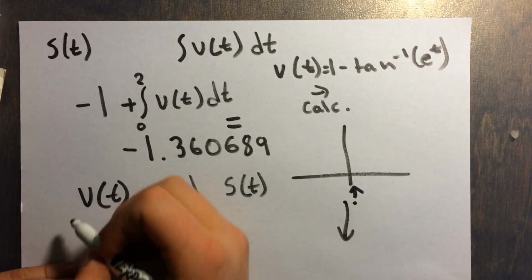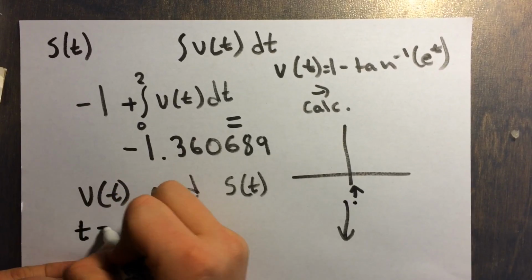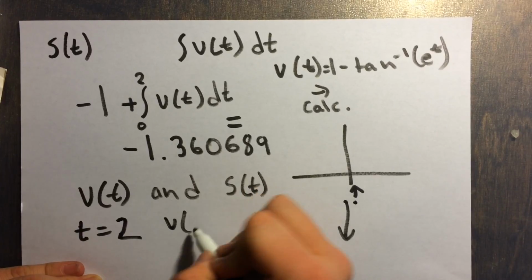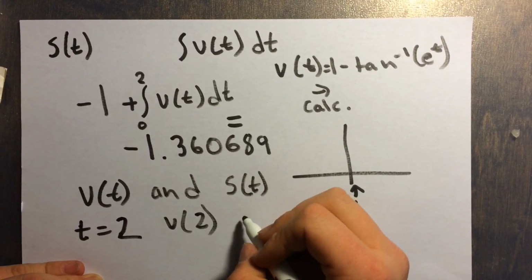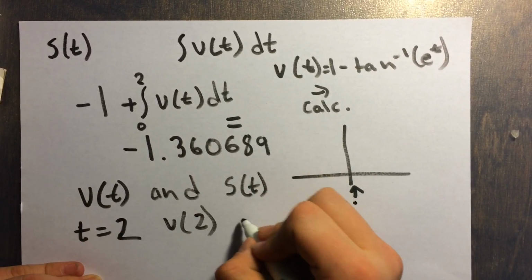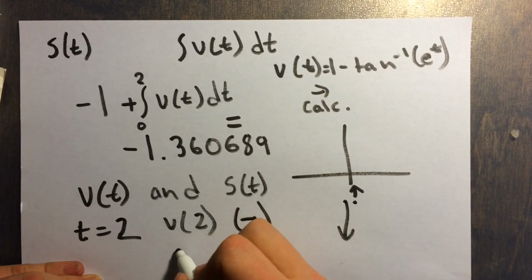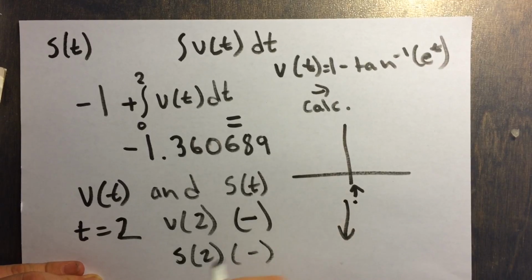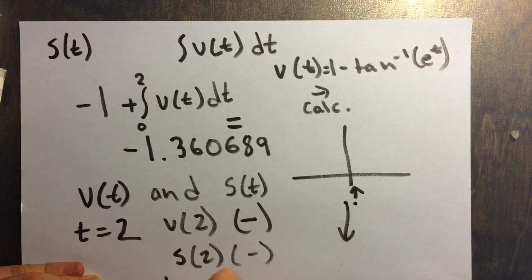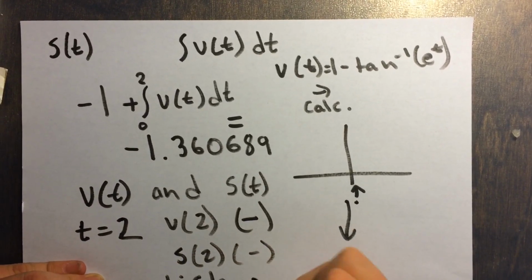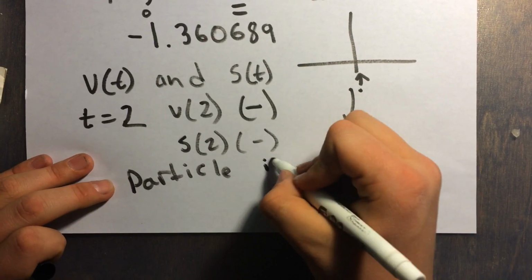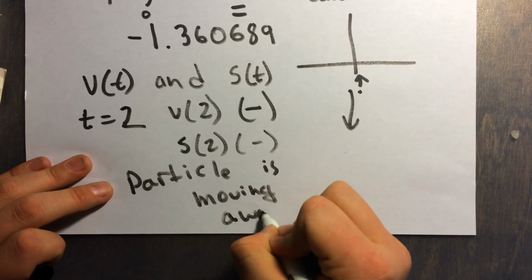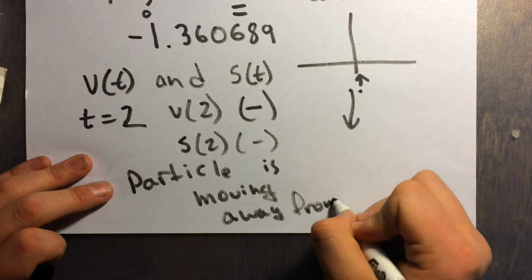So knowing that at time t equals 2, velocity was negative, as you remember from the previous parts, and now getting the position at 2 to be also negative, we know that the particle is moving away from the origin.